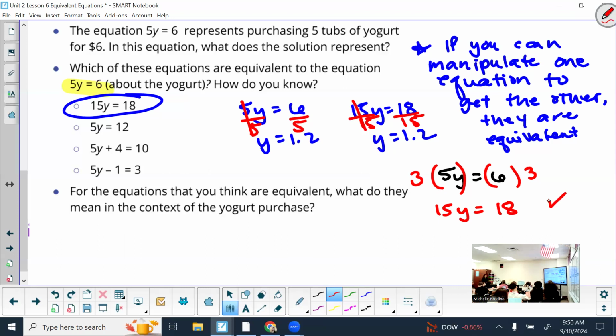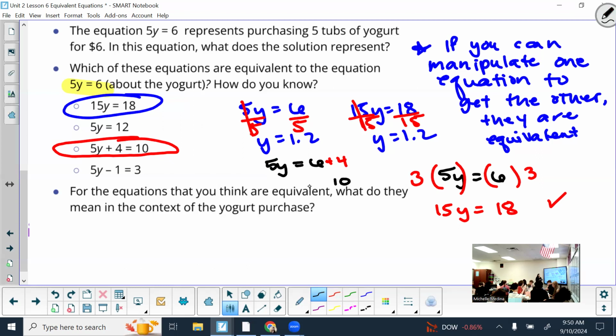5y plus 4 is 10. Okay, and how do you know? 6 plus 4 is 10. All right, so taking our original, and maybe I'm explaining it differently than you thought, feel free to interject. But what's the difference, say, well, I'll use what they said. 6 plus 4 is 10.